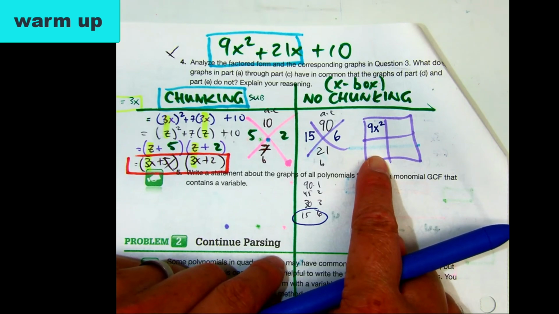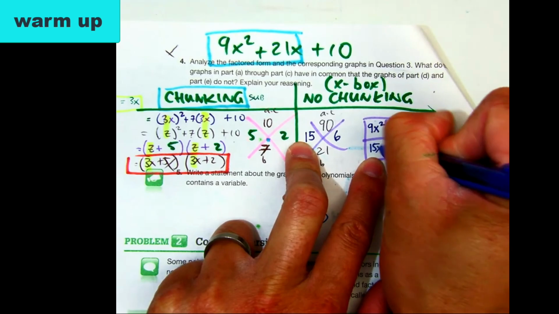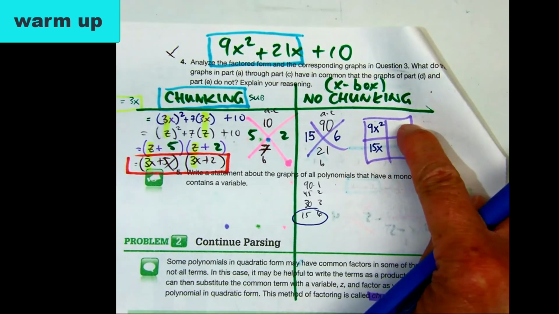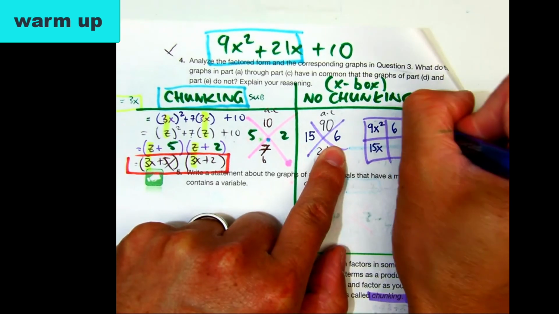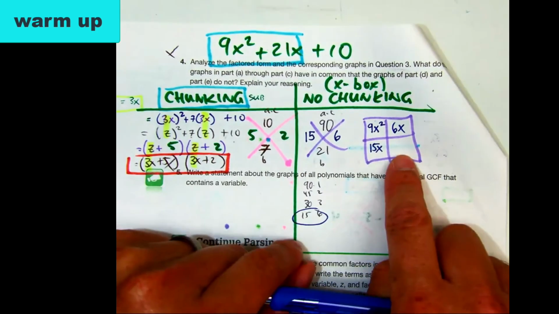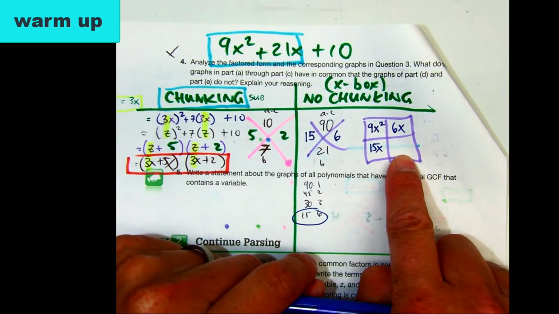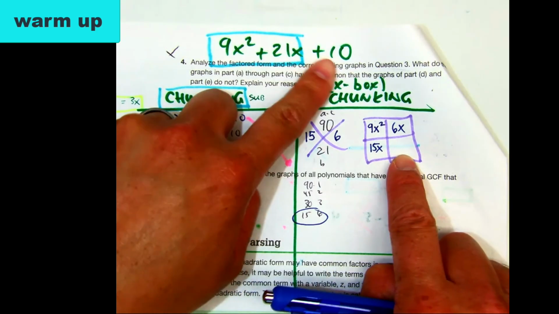Like 6 different people like that. 15x. What do you put in the top right? 6x. He added the variable x because you're splitting the terms here. And Alonzo, what goes there? The last term, 10.